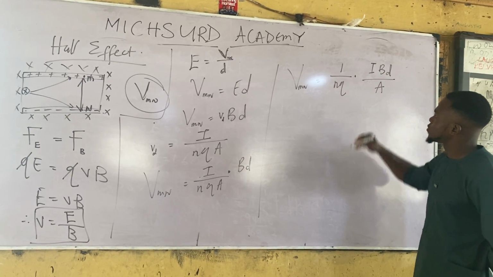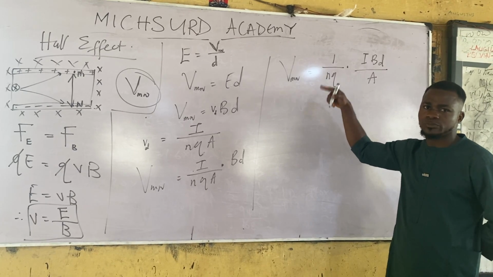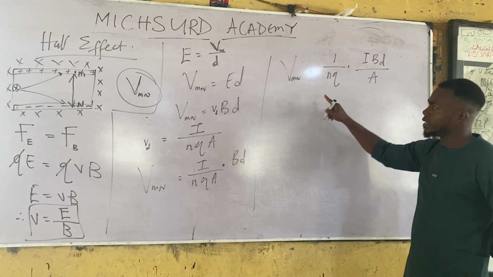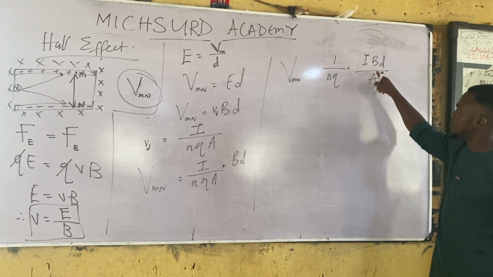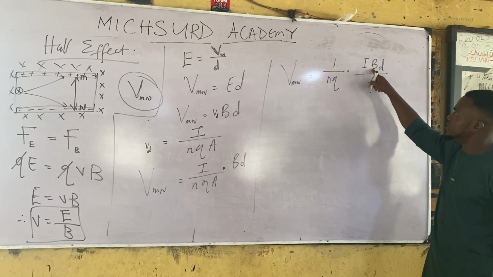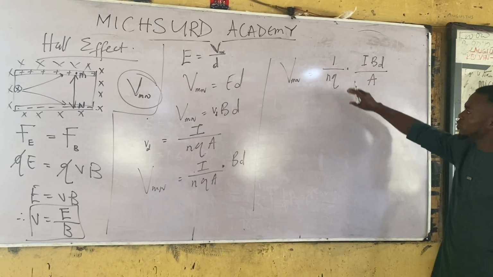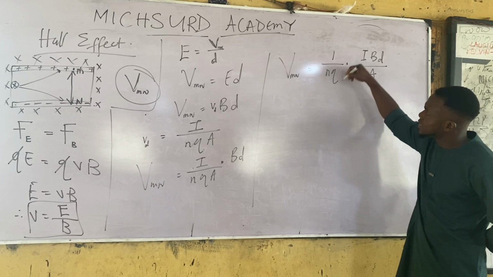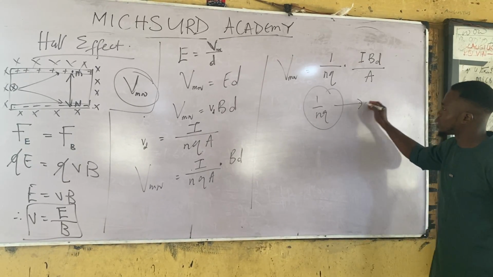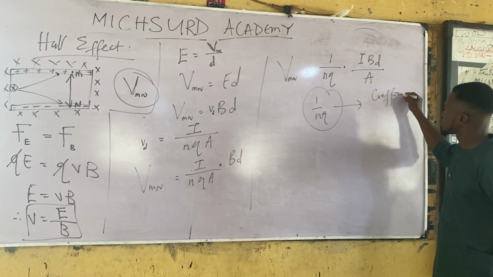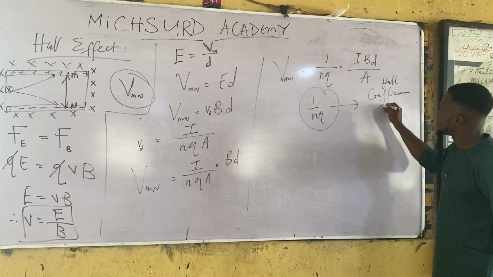So now, this n is the number of charges per unit volume. Then our q is the charge of the electron. Then we have the area, the magnetic field, the current, and the distance. Also, this factor 1 all over nq is what we call the Hall coefficient.